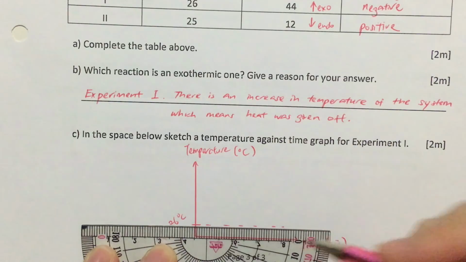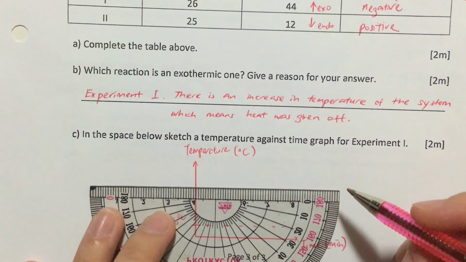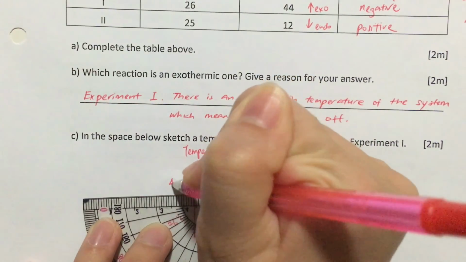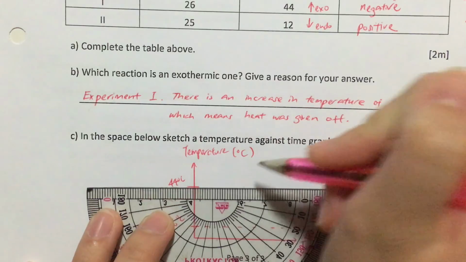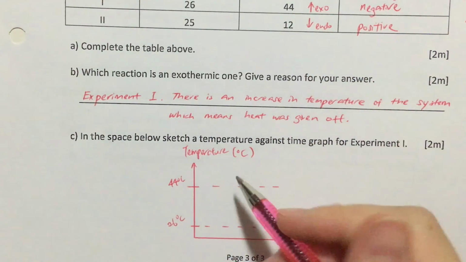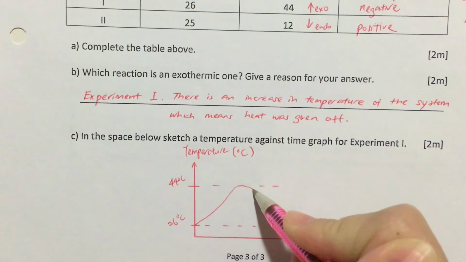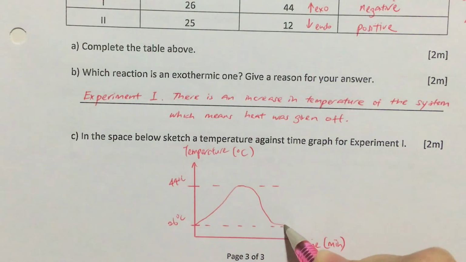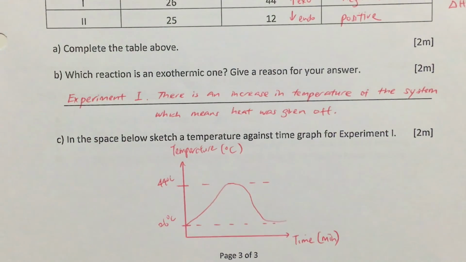So I know that the temperature will drop back to 26 later. And this is just a sketch, so I'll put here 44 degrees Celsius. And I would put a dot here as well. So this temperature will increase, and after a while it will fall back. Okay, so this would be the temperature time graph.